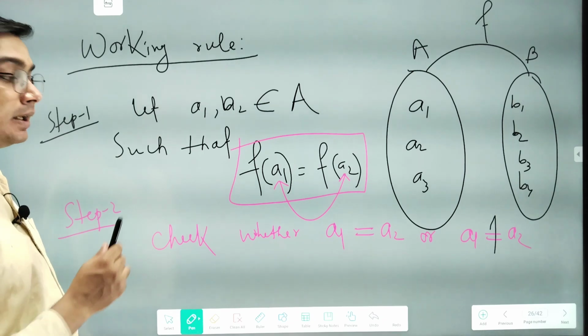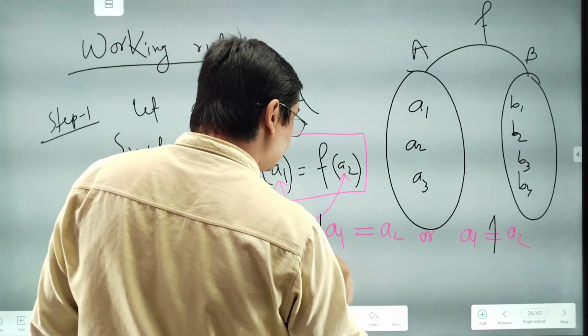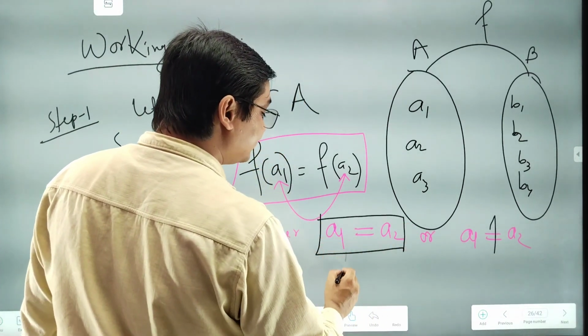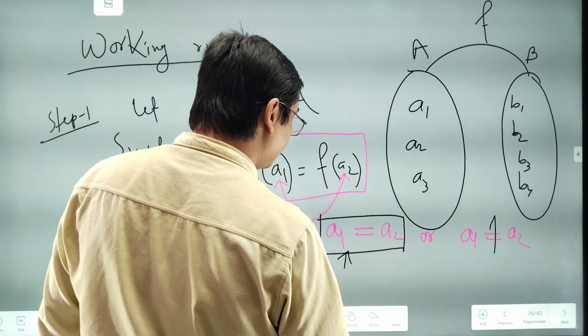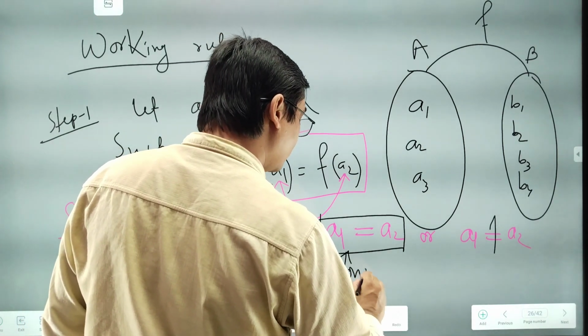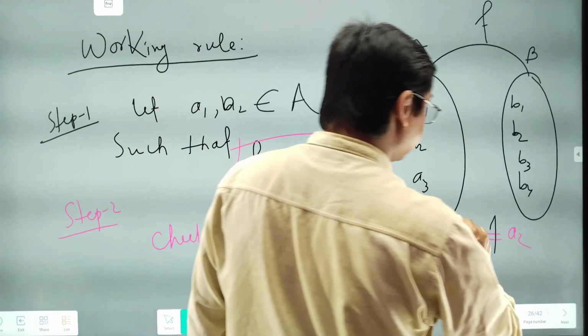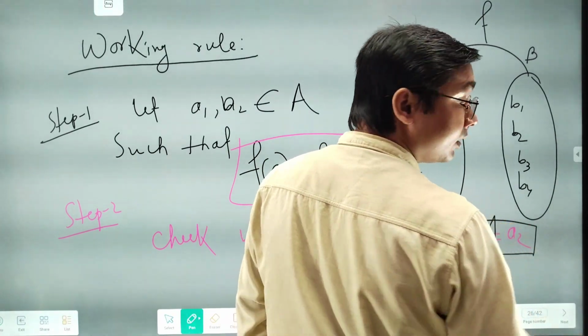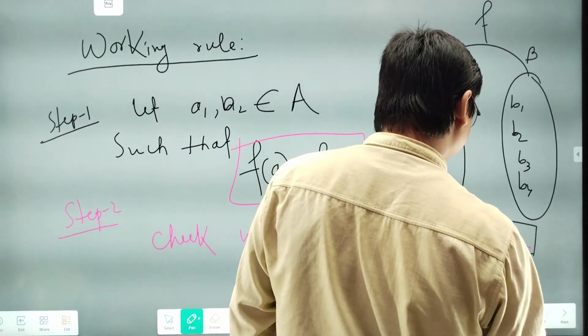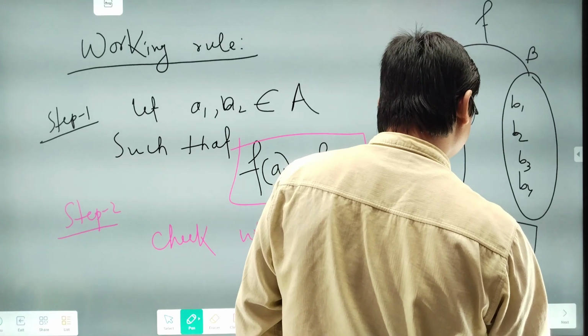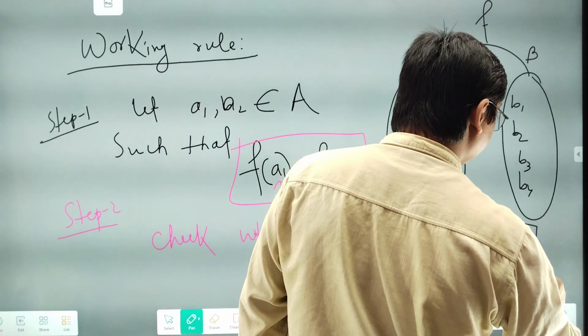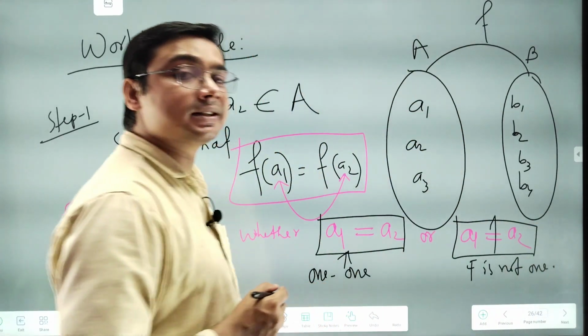Now if a1 is equal to a2, then we call f one-one. And if a1 is not equal to a2, then f is not one-one. Yes, so this is the working rule.